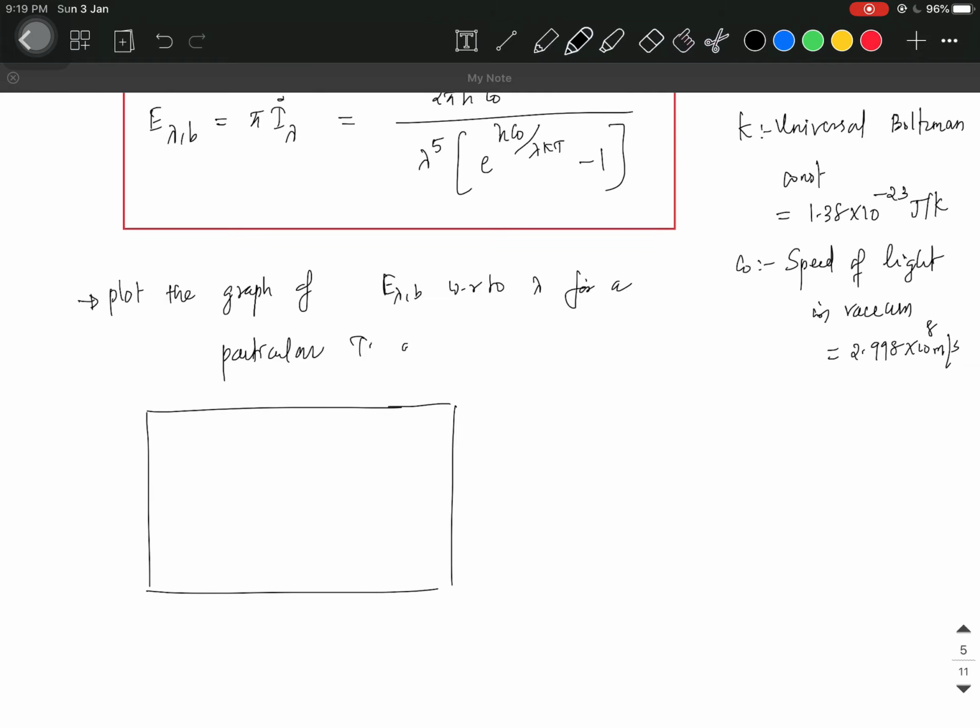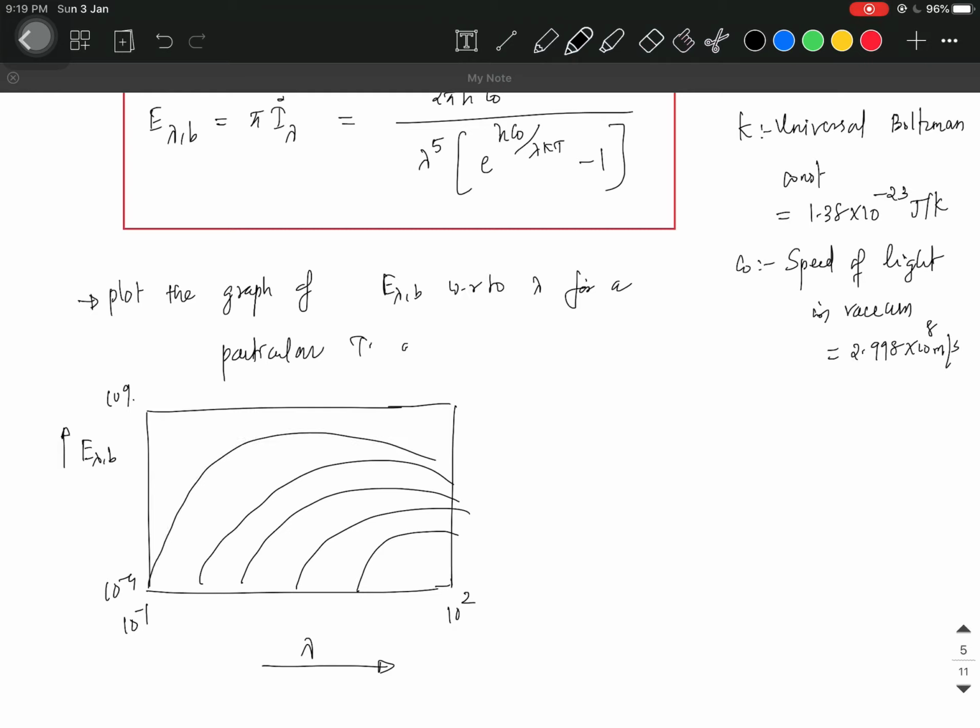Consider this: this axis gives the lambda values and this axis gives the E lambda b values. Let's suppose it ranges from 0.1 to 10 squared on the x-axis, and 10 raised to minus 4 to 10 raised to 9 on the y-axis. We can see that the curve will be like this.